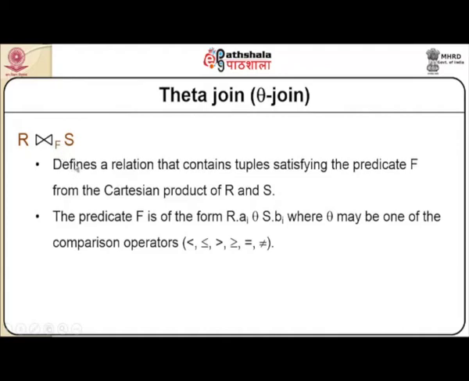This theta join defines a relation that contains tuples satisfying the predicate f from the Cartesian product of R and S. The predicate is of the form R.Ai theta S.Bi, where Ai is an attribute of relation R, Bi is an attribute of relation S, and theta may be one of the comparison operators like less than or equal to, greater than or equal to or not equal to. Any one of these comparison operators should be there to make theta join operative.